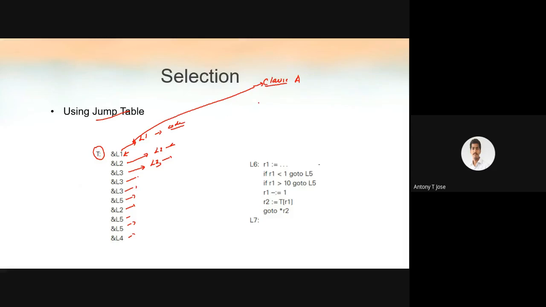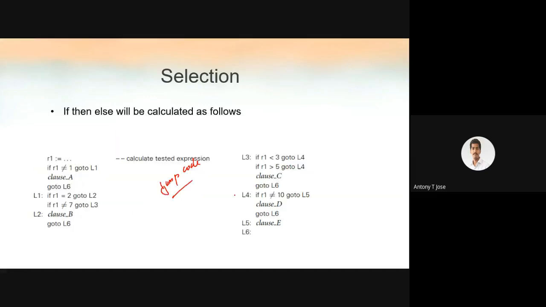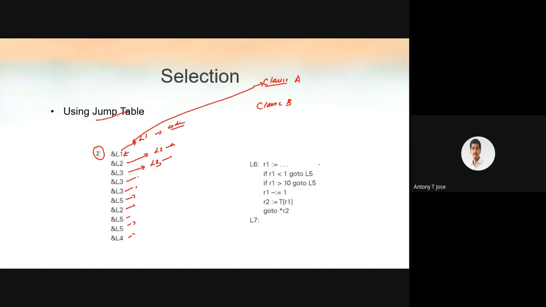L2 will correspond to close B. That is, if the value is 2 or 7, we will be executing close B. Clear? And here you can see L3.